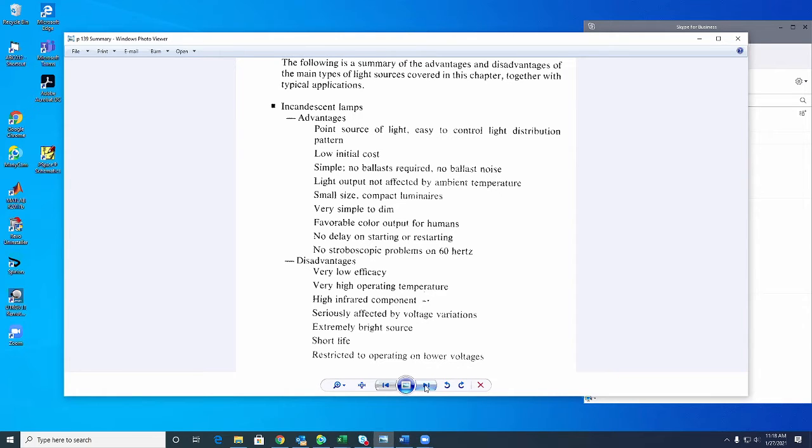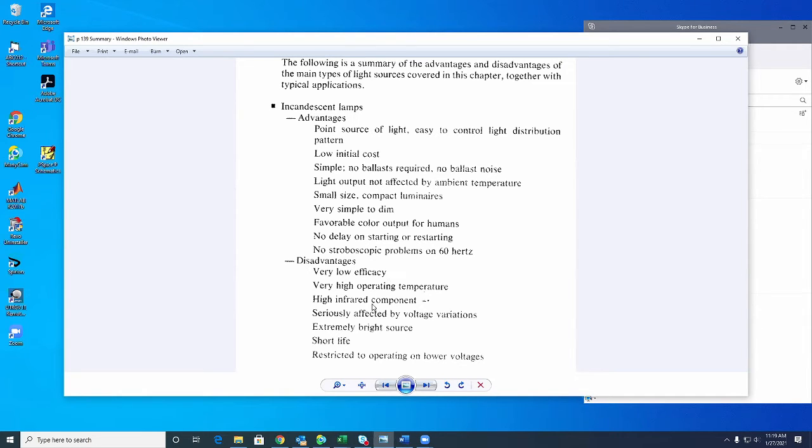Also, dimming: they are very simple to dim because the incandescent basically is just a resistor. So if you put down the voltage, you can dim. In the other, you need to be more careful because if you put down the voltage, you may turn off the lamp, because that's a discharge through a gas. Also, the color of the incandescent is more similar to the natural color of the sun.